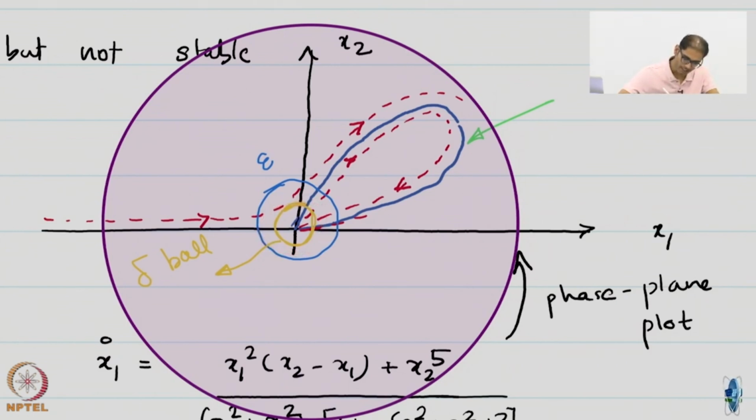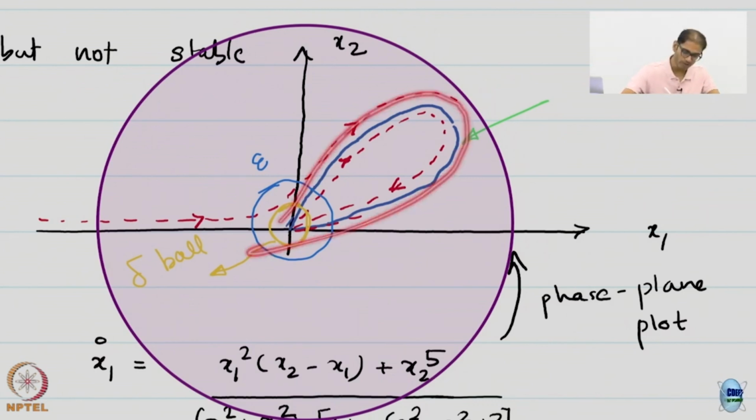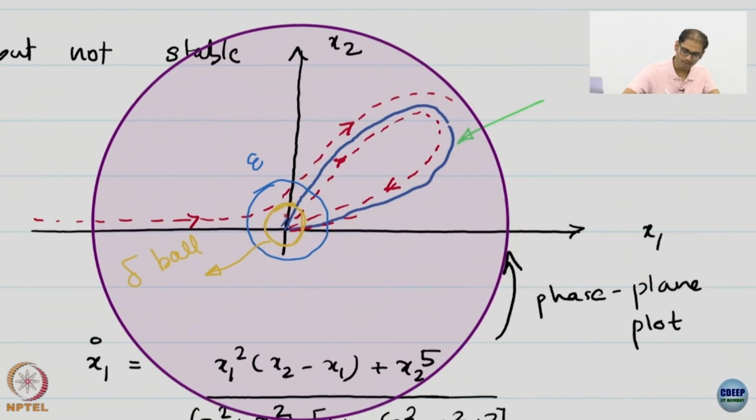The inside trajectories are not a problem, because they will remain inside this wing, and I deliberately made epsilon larger, but any trajectory starting here has to go around this. I do not know if it will remain inside this or not, but if I make this delta really tiny, I am sure it is going to hug this very closely and then not escape this circle. So, there is a possibility of finding a delta, but that is not the stability question.